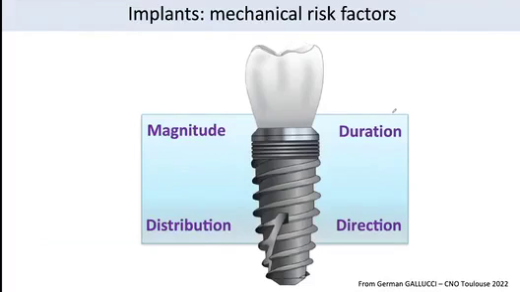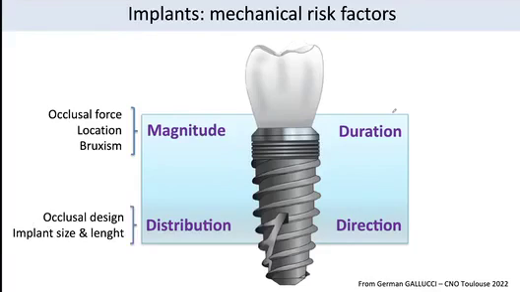If you look more globally at the mechanical risk factors for implants, you can have four types of risk. And this drawing is from German Gallucci in Boston, I think so. You have the magnitude of the force in relation with the occlusal forces, location of the implant, and bruxism.